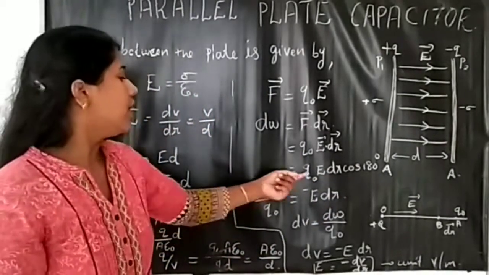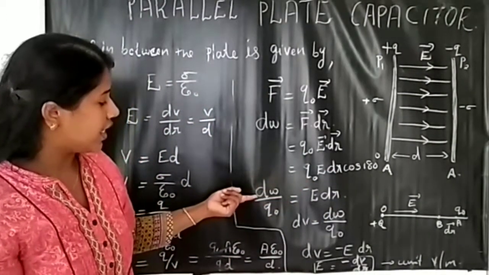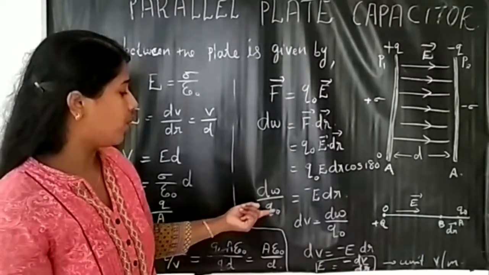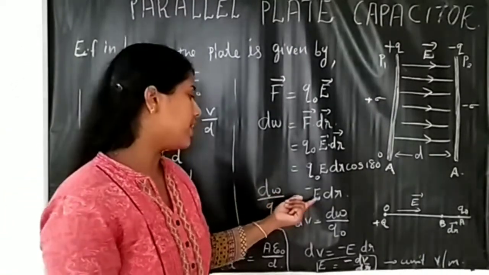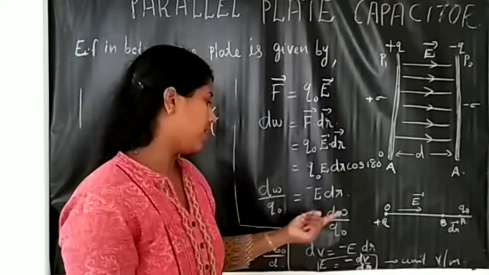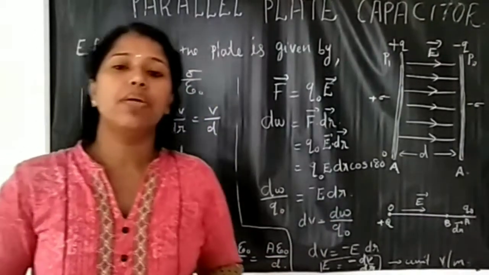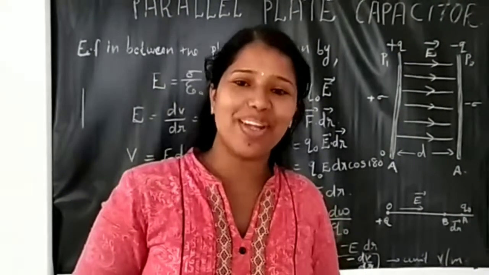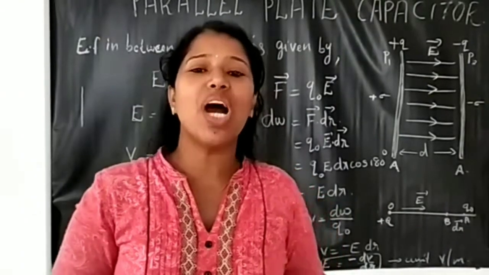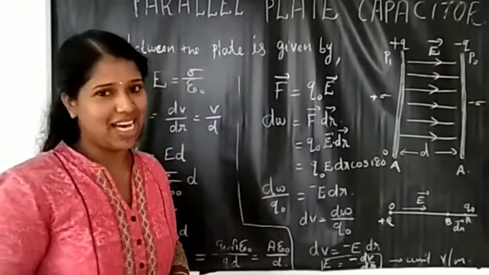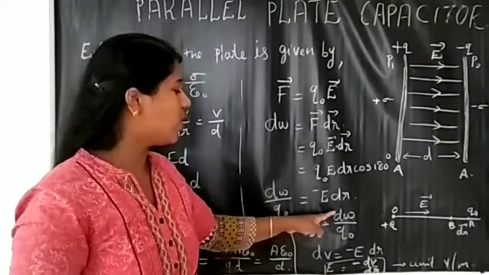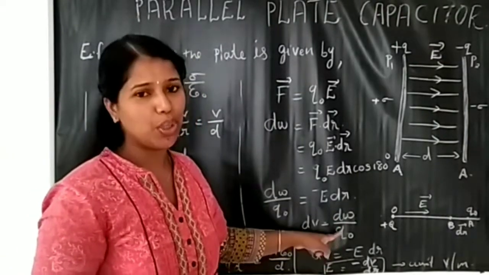Then this Q naught we take to the other side: dW divided by Q naught is equal to minus E dr. We know that potential difference or voltage V is equal to work done divided by charge. In this case, dV is equal to dW by Q naught.